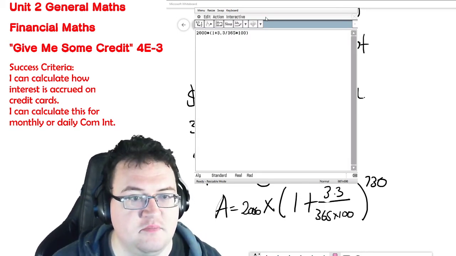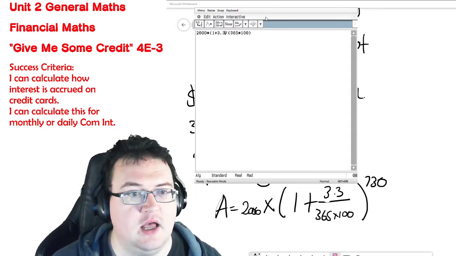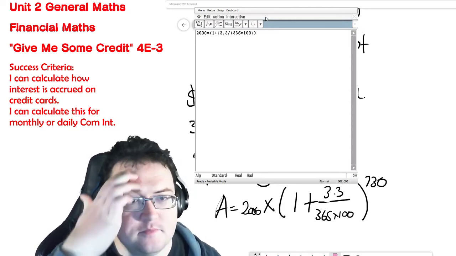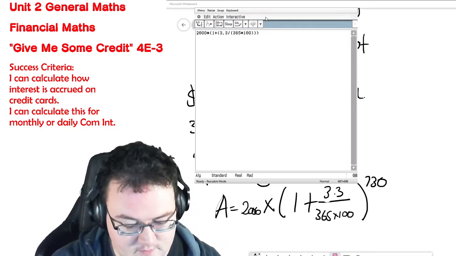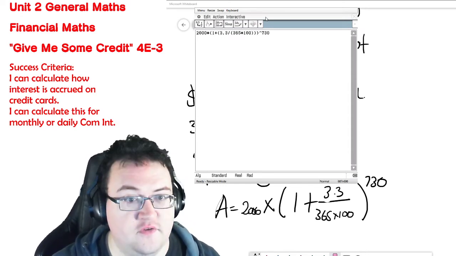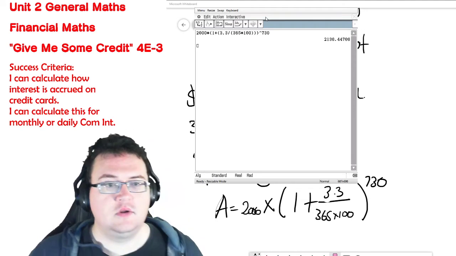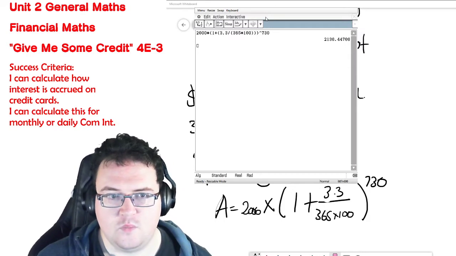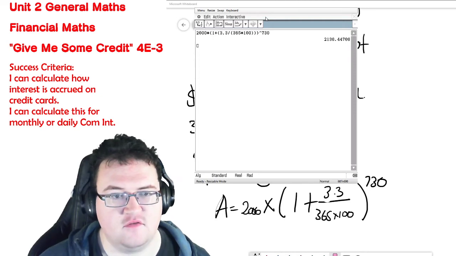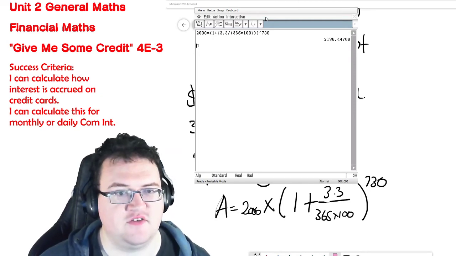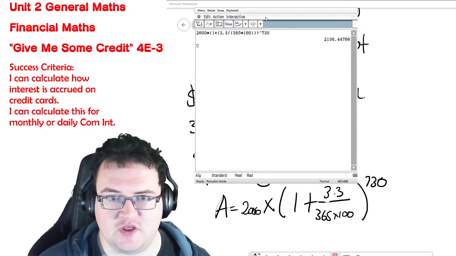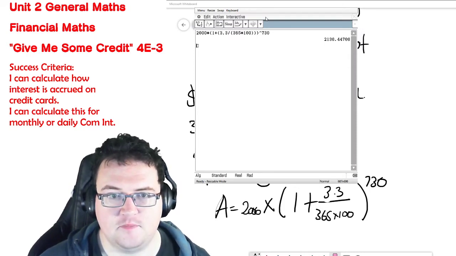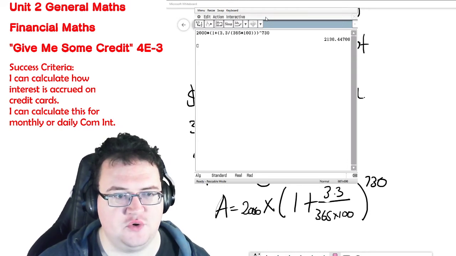Now I'm going to put a bunch of things in brackets just so that it doesn't get confused, and make sure it does everything in the right order for me. And then to the power of 730. So there you go. 2,000 times 1 plus 3.3 over 365 over 100, or times 100 to the power of 730. So that's $2,136 for having that loan for 2 years.